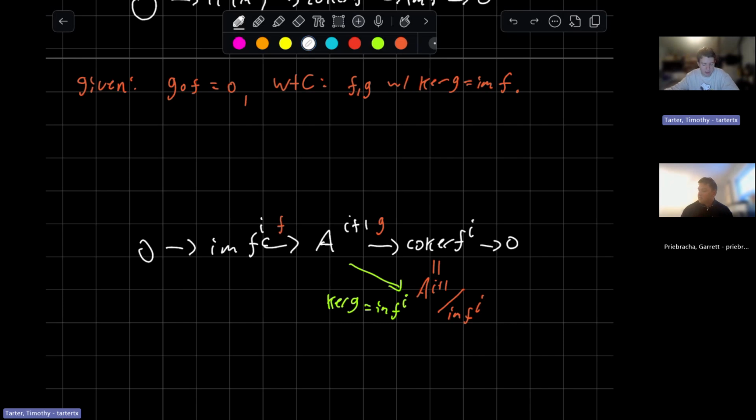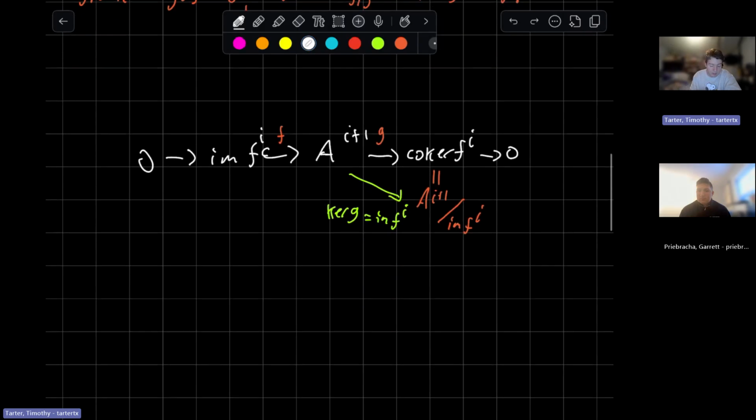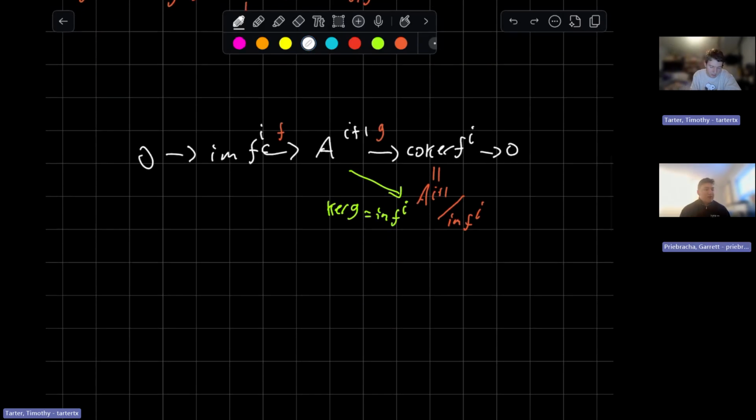But how do we construct F as an injection? Is it something where we want to see that ker F is equal to 0, and we use G composed with F equal to 0? Oh, that's totally it, that ker F is 0. Or, you were right, my bad.